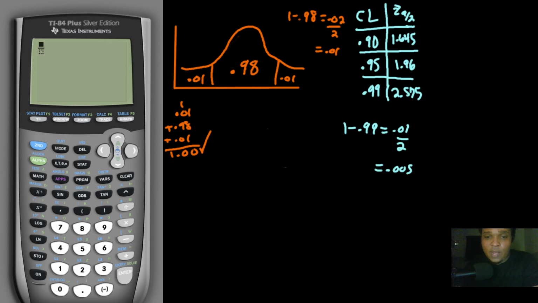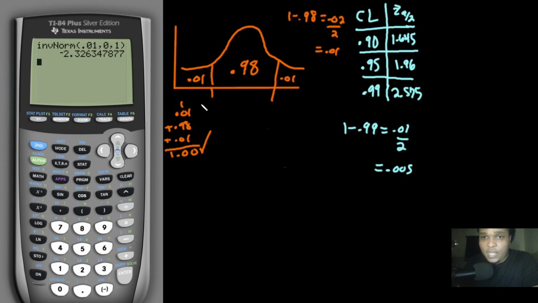So let's go back to our calculator. Let's clear this mess. Inverse norm, just one of those tails. We got 0.01. Hit enter, enter, enter, enter. Negative 2.33, which means that we're going to use positive 2.33.